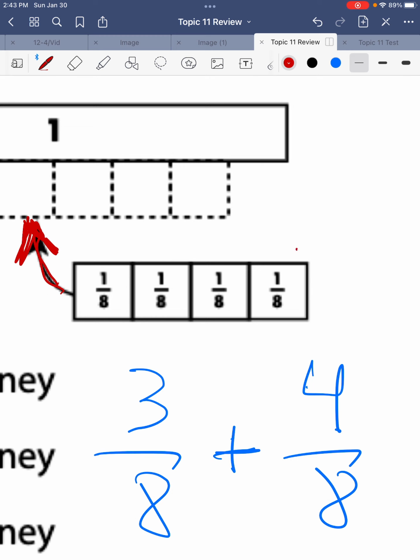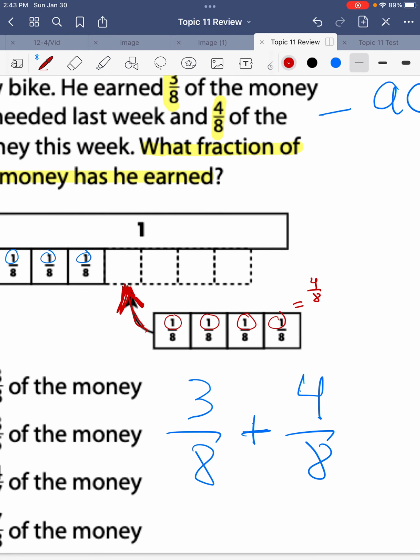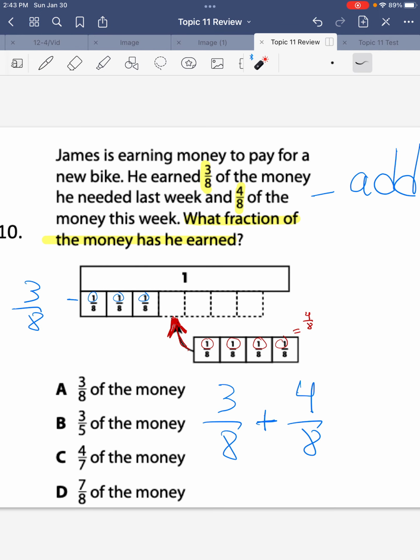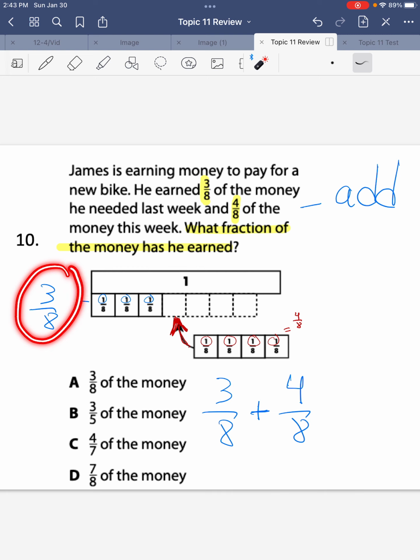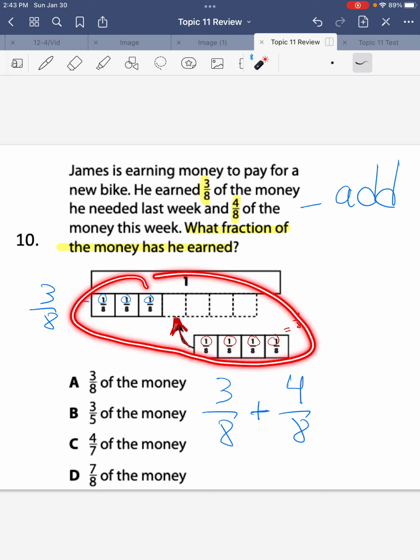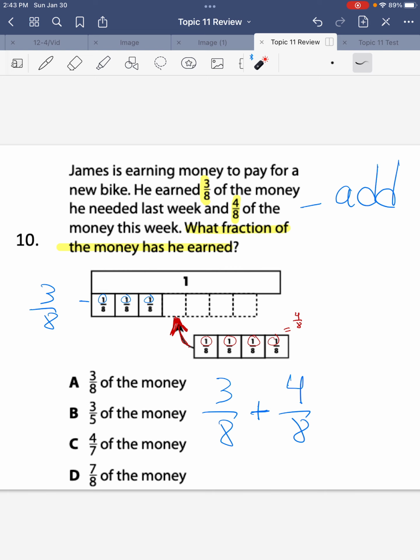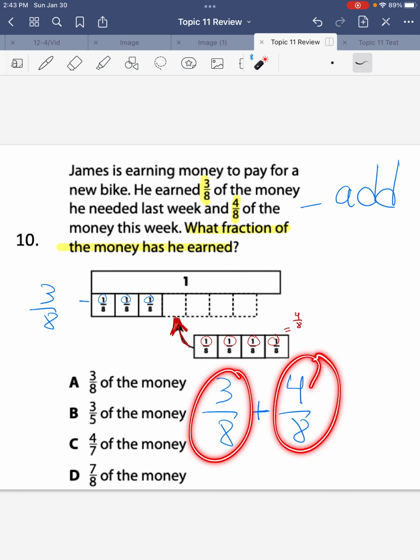This amount equals 1, 2, 3, 4, 4/8. My denominator stays the same, okay? So again, he originally had 3/8, but then he gets 4/8. So now it wants to know altogether how much money has he earned. Okay, so that's why I'm adding 3/8 plus 4/8.